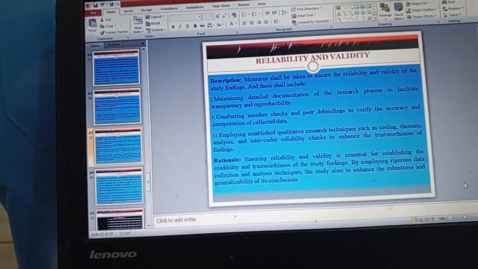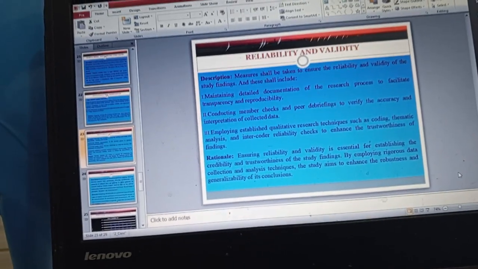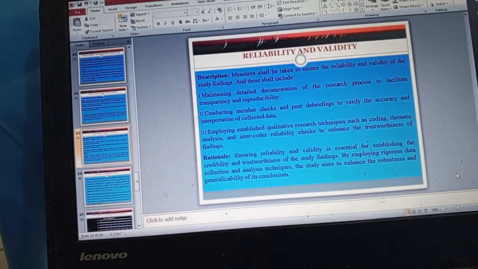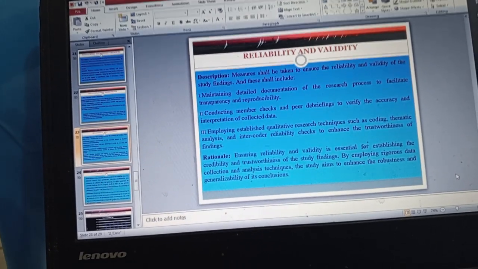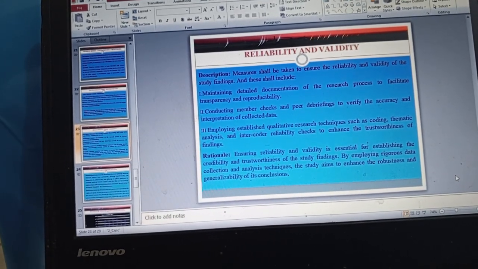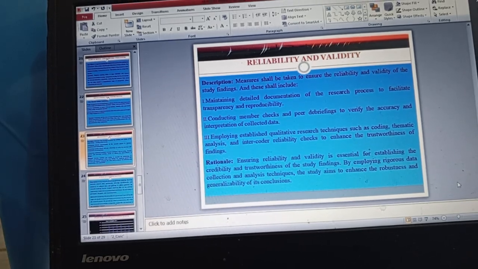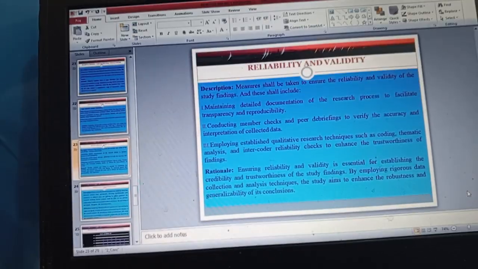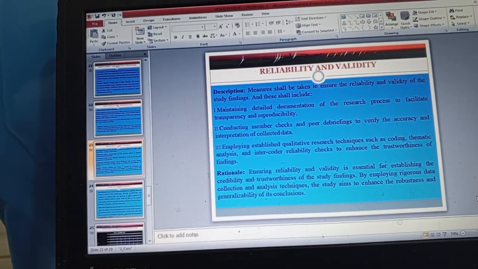Yeah. Then on reliability and validity, on description, measures shall be taken to ensure the reliability and validity of the study findings, and these shall include, first point, maintaining detailed documentation of the research process to facilitate transparency and reproducibility.